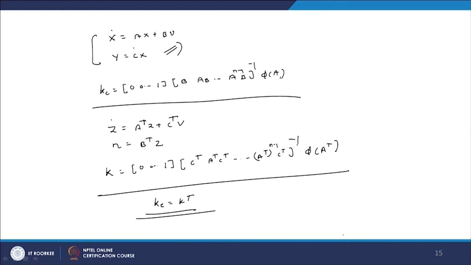So, when you write the elements in the reverse order, the gain Ke will be phi of A, times the inverse of C, CA, CA squared up to CA raised to n minus 1, times 0 0 0 1.